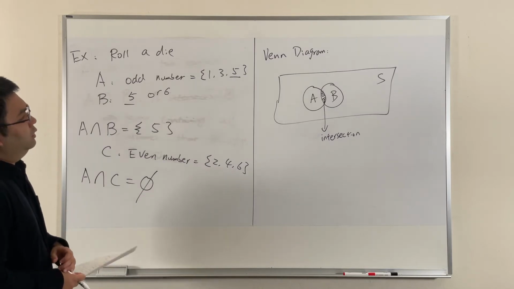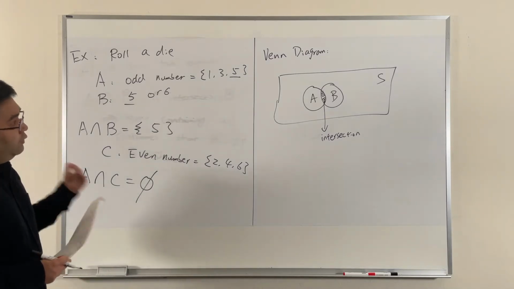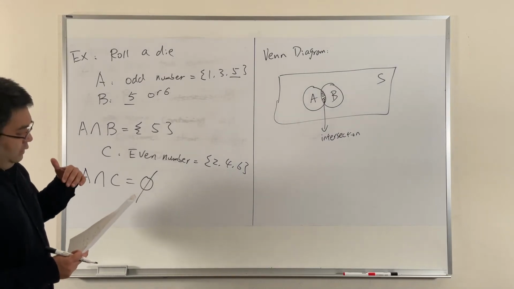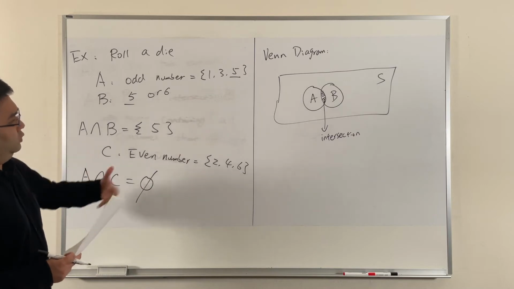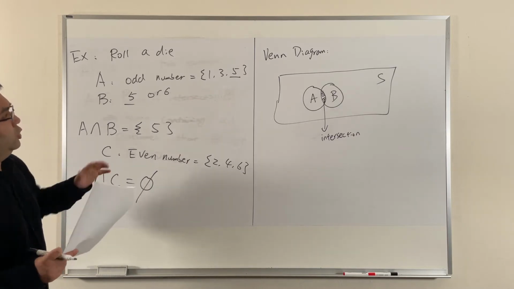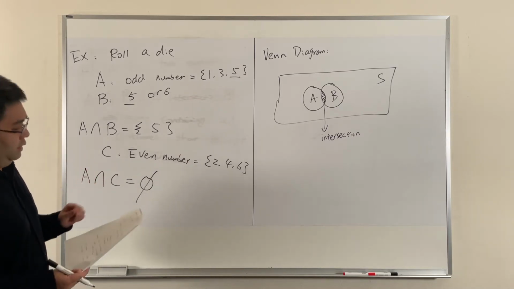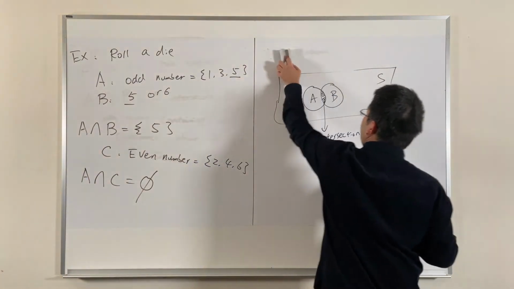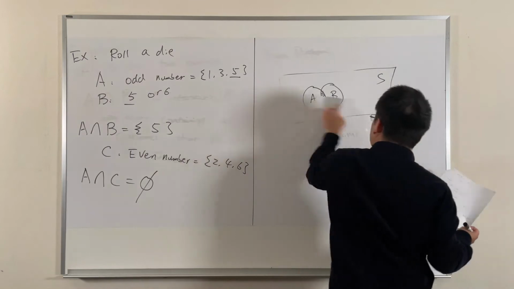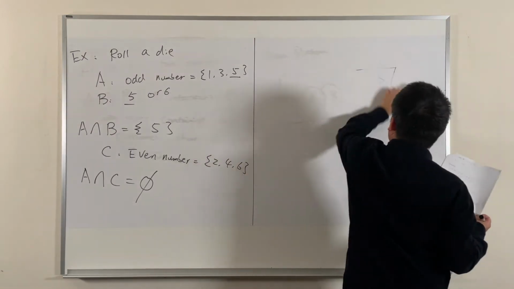Okay, good. Next, I want to give you one formula, but two versions, to show you how you can calculate the intersection in probability.